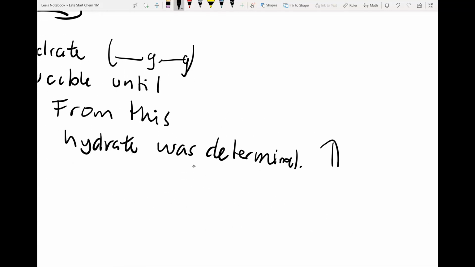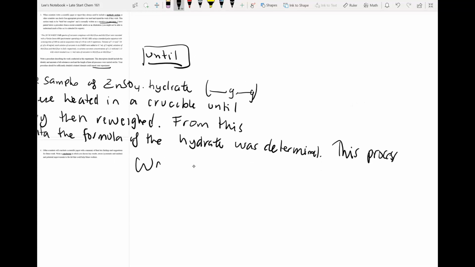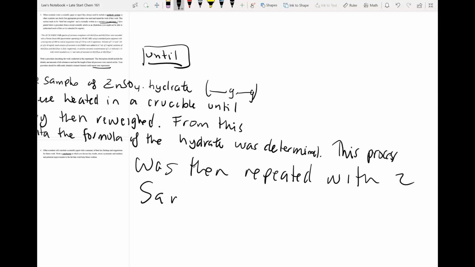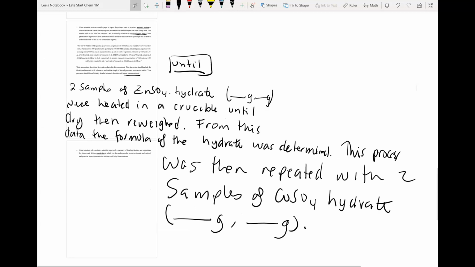And then you can say this process was then repeated with two samples of copper sulfate hydrate, and again give the masses.